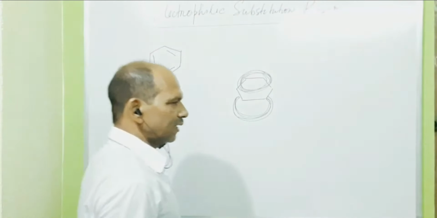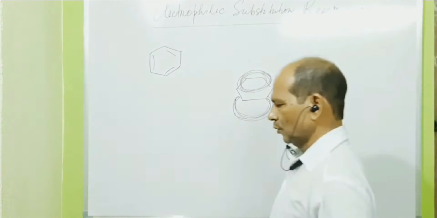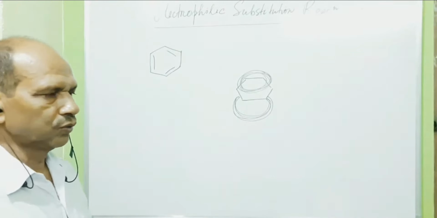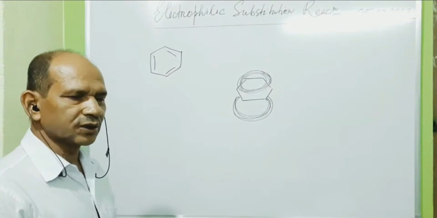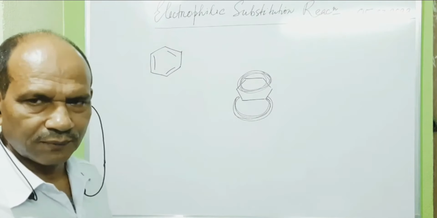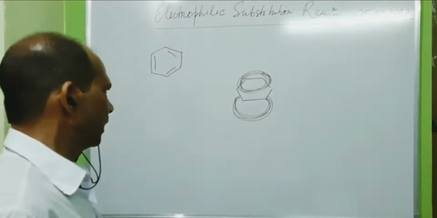Actually, the resonance idea is a vague idea in chemistry. But we are bound to use the resonance structures or canonical forms of benzene and many other examples to explain the reaction mechanism.